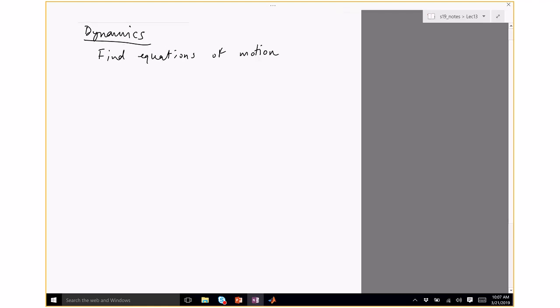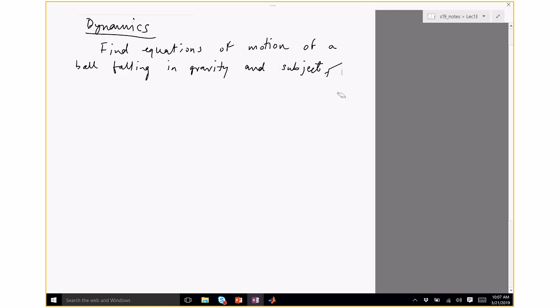Find equations of motion of a ball falling in gravity and subject to a quadratic drag force.